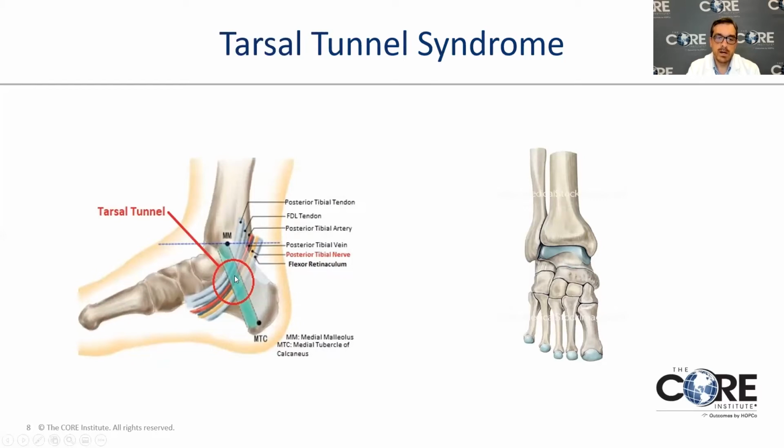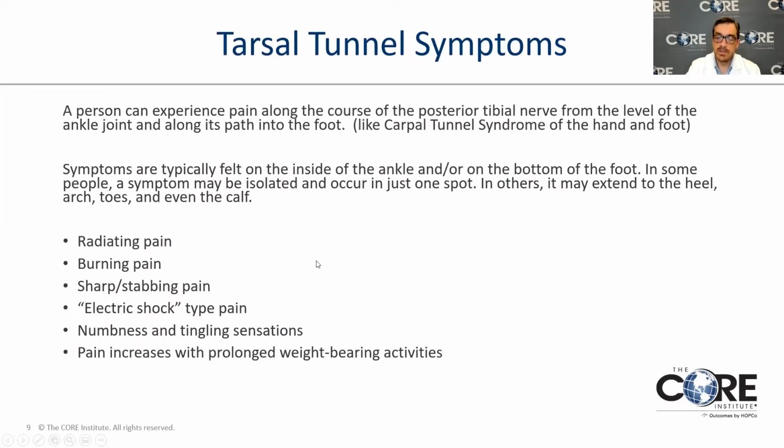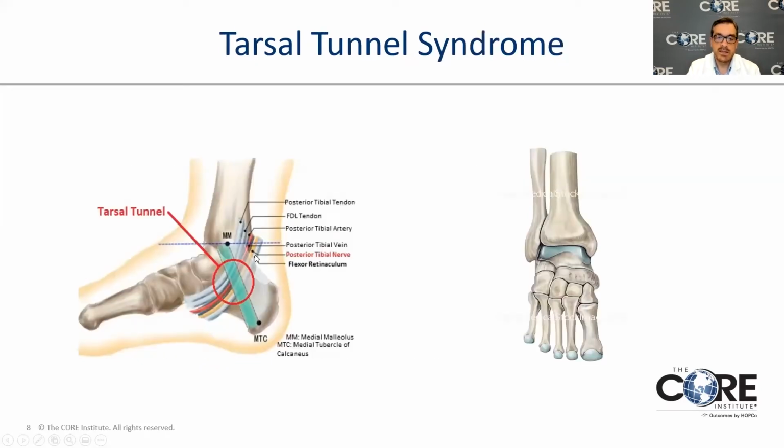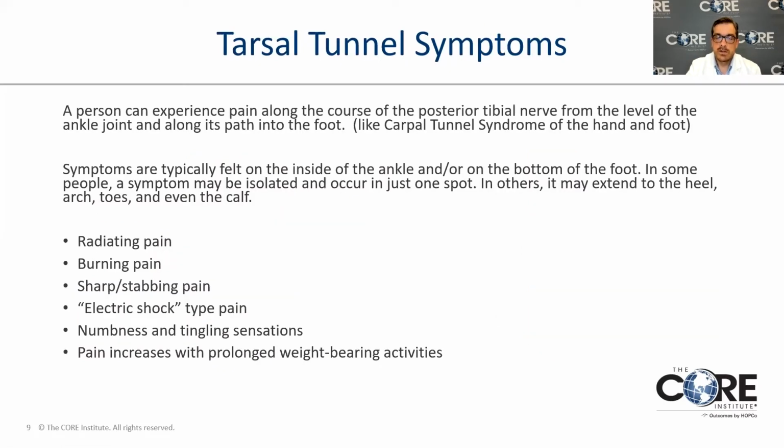This blue turquoise type band here is the flexor retinaculum that I mentioned in the previous slide. And within this tunnel, we have several tendons along with an artery, a vein, and the posterior tibial nerve, which is this yellow structure here.